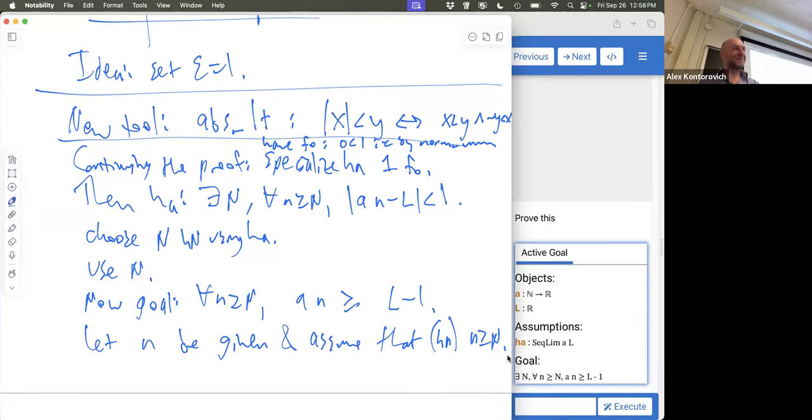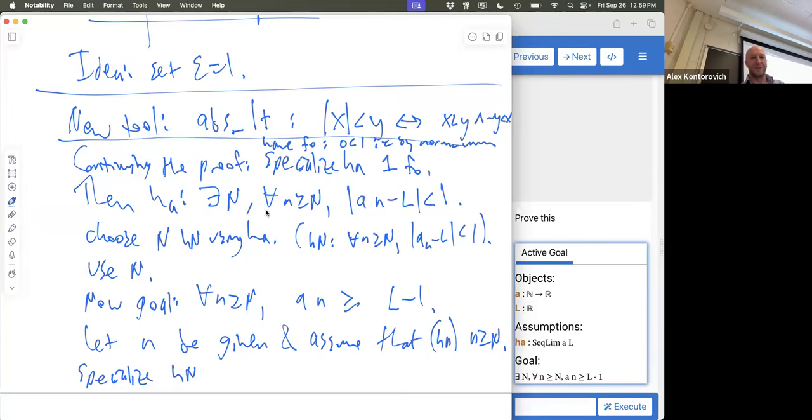Specialize, exactly. Specialize H capital N. What does H capital N say? For all little n greater than N, a_n minus L is less than 1.